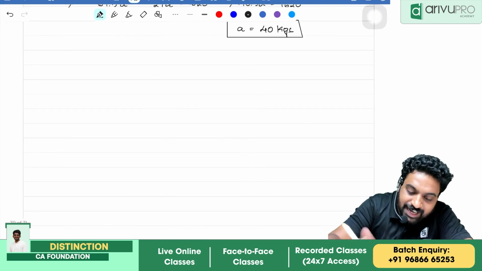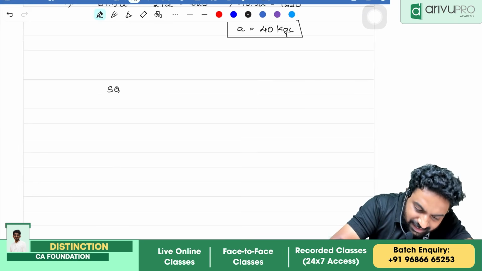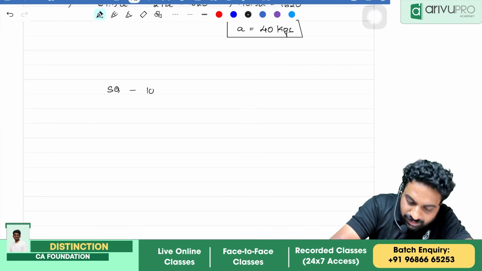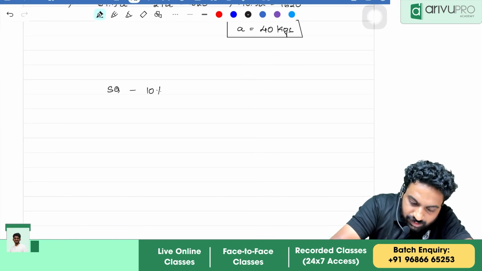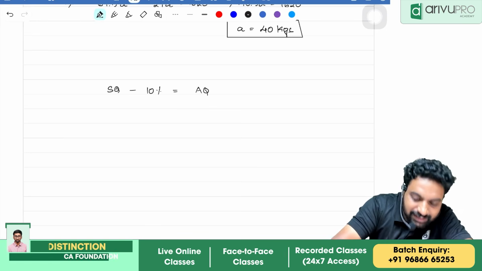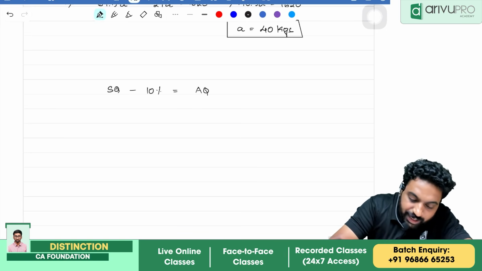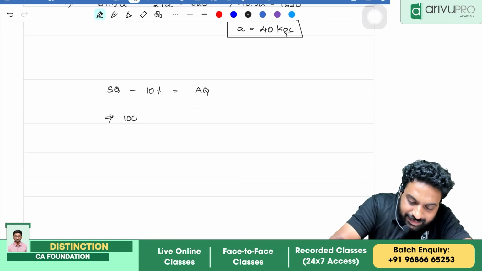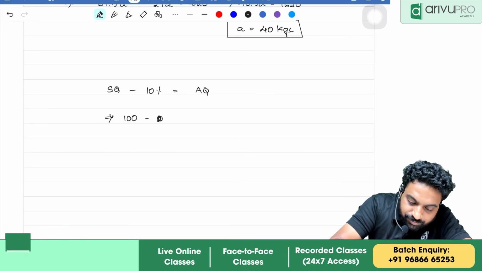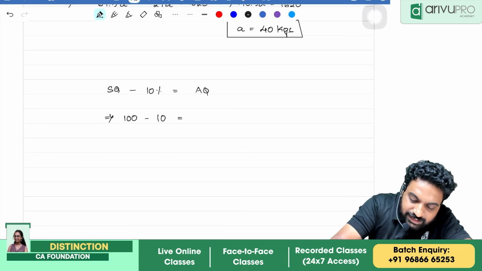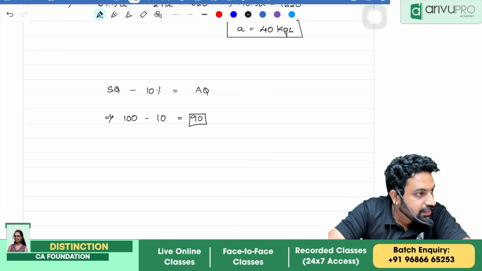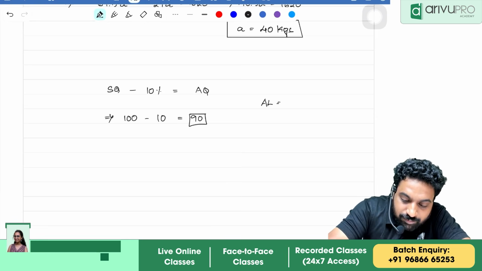How do you arrive at A? Standard quantity minus 10% is equal to actual quantity. Now, standard quantity I know is 100. 10% of that is 10, so that is equal to 90. Actual output is 90.